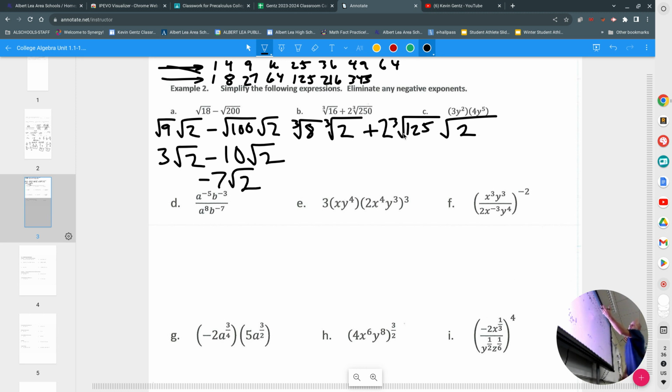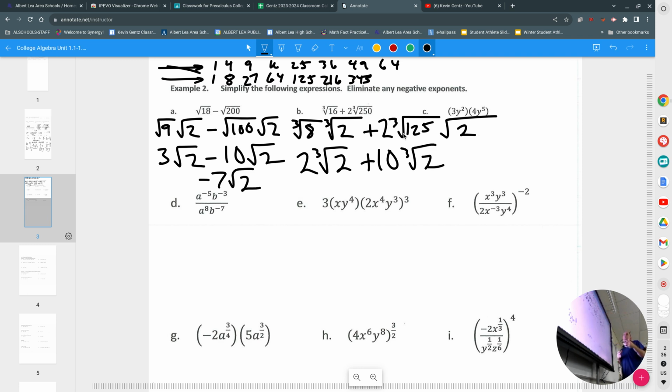So, as we look at this right here, I have the cube root of 8, I have the cube root of 2. The cube root of 8 is 2. And the cube root of 125 is 5, times 2 is 10.